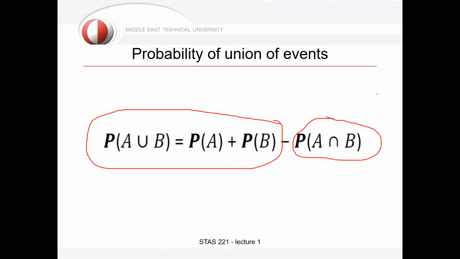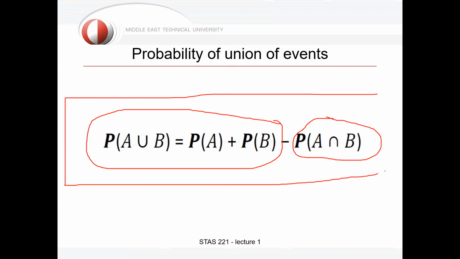So this formula always holds for any two sets that you can imagine. Even for mutually exclusive, as I said, we don't consider this part, but anyway, it holds because it gives you 0. So whenever you want to find the union of two sets of events, you say this is equal to the summation of marginal probabilities minus the probability of their intersection.